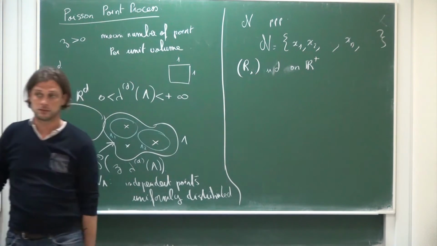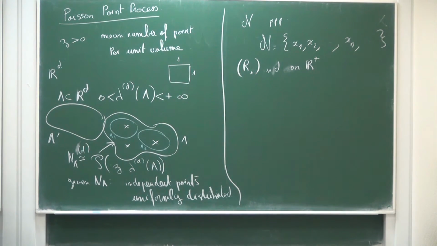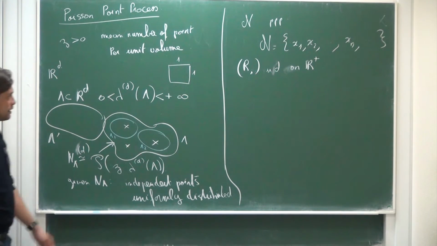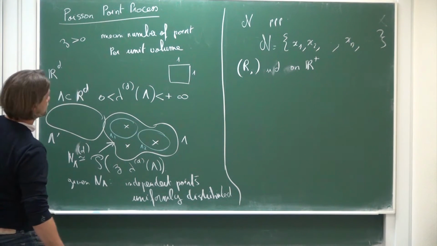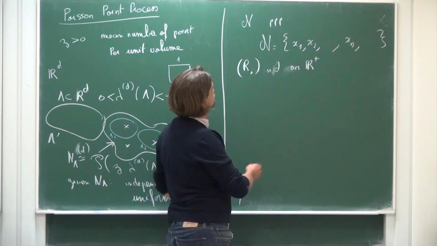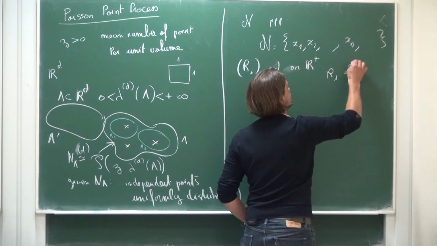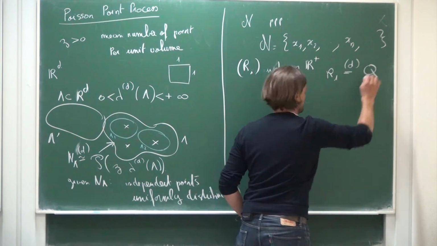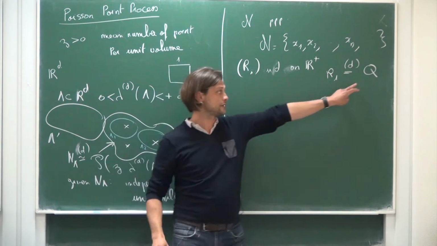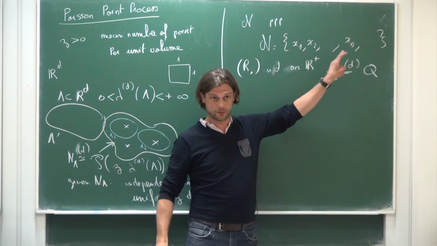It's for the law of the radius here. I put a radius on each point. And the law of each radius is distributed by a law I call Q. So Q now, for the rest of the talk, is the law of the radius.